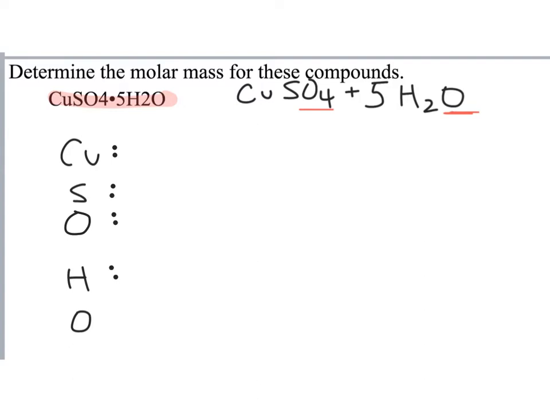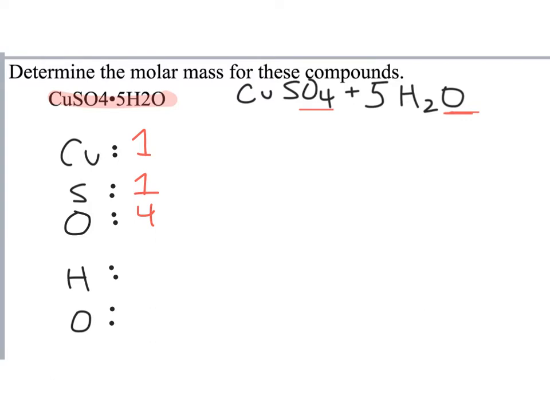So you can start looking at your Cu. And you're going to say, okay, how many of these do I have? Well, there's no number in front or behind it, so I have 1. I have 1 S and 4 O's in this particular substance, because this 4 is only getting distributed to the O, nothing else.